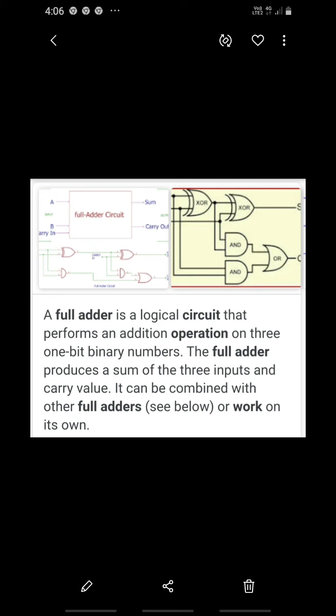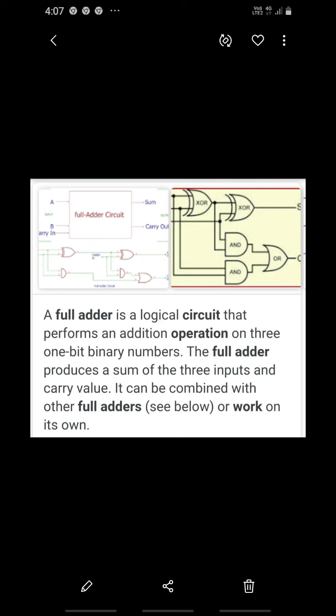A full adder is a logic circuit that performs an addition operation on three 1-bit binary numbers. The full adder produces a sum of the three inputs and a carry value. It can be combined with other full adders, and its working is shown above.